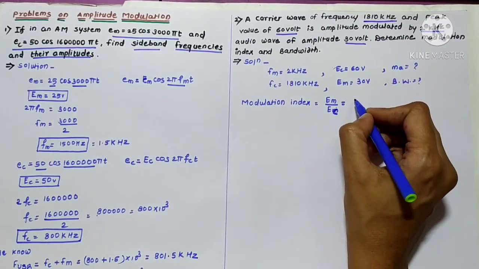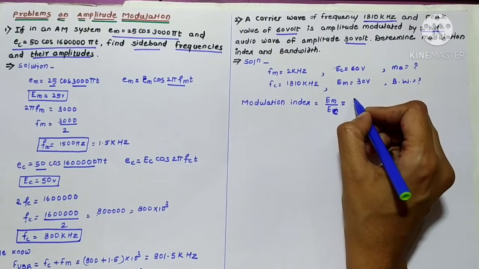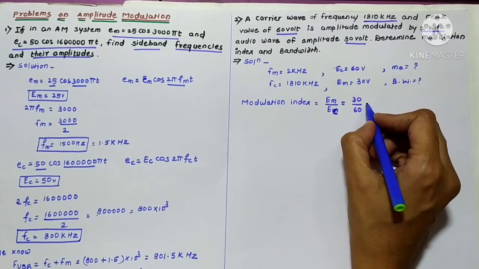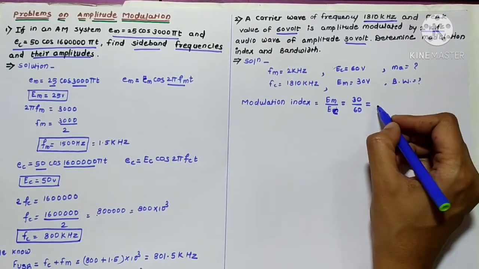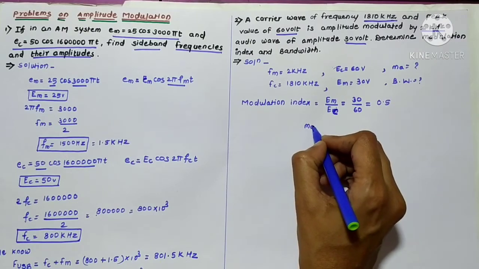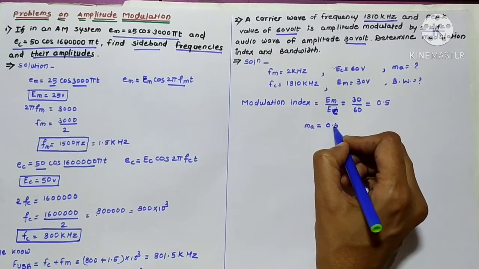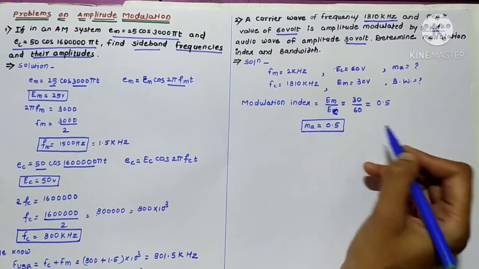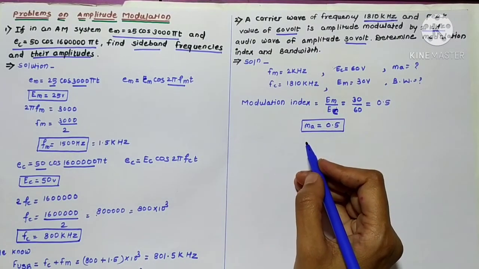So Em is 30 and Ec is 60. So the answer is 0.5. So we can write here modulation index is 0.5.